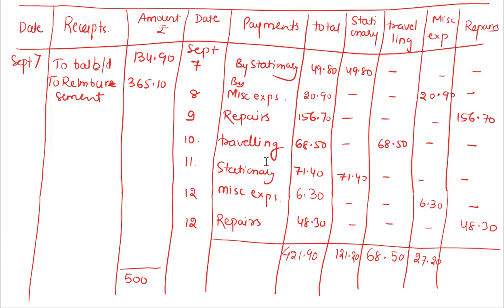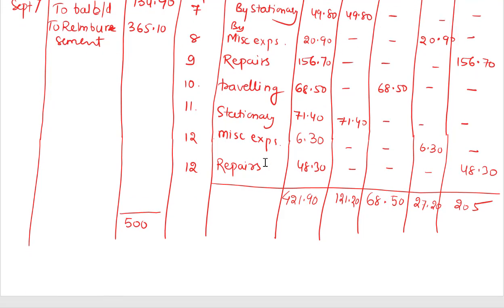And in repairs it is 156.70 plus 48.30, the total would be 205. The total expense is 421.90.